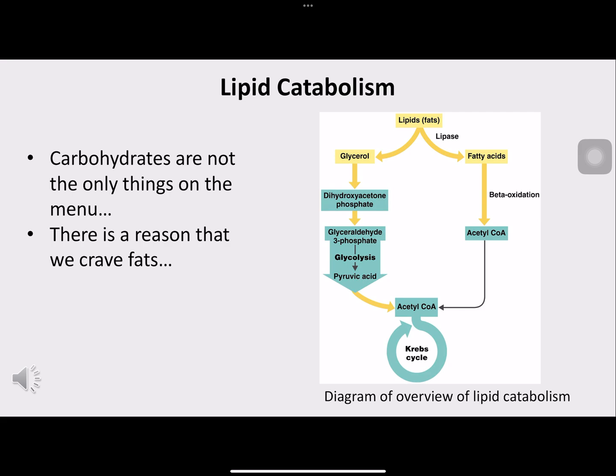And so our figure to the right shows the basic pathway, an overview of it, for catabolizing lipids, notably fats. Other lipids go through slightly different pathways, but we're going to talk about now fat catabolism.